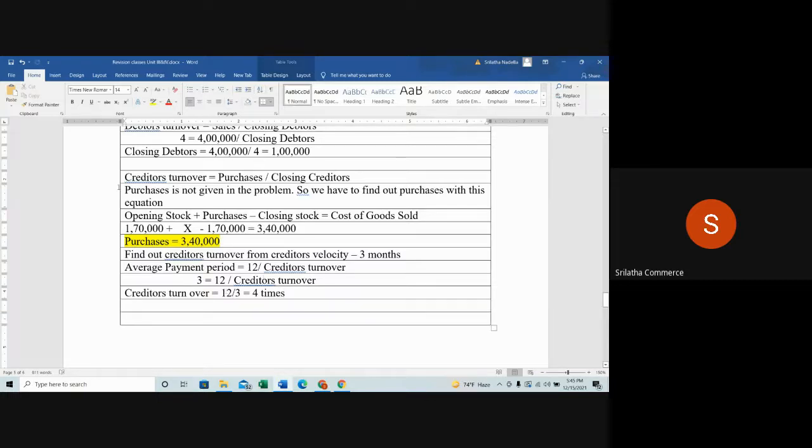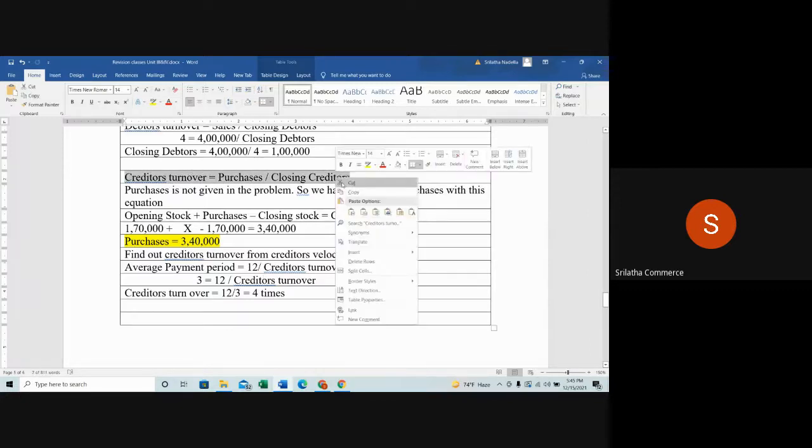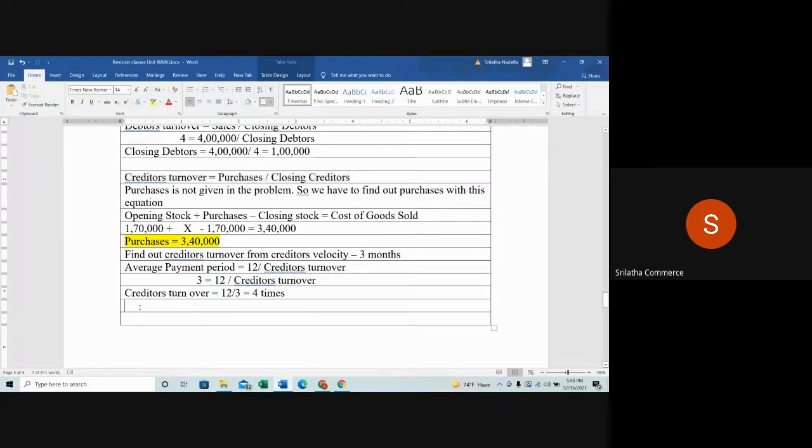Now we can calculate the creditors turnover by applying the formula. This is the formula. So what is creditors turnover? Creditors turnover is equal to 4, is equal to purchases 3,40,000 divided by closing creditors.